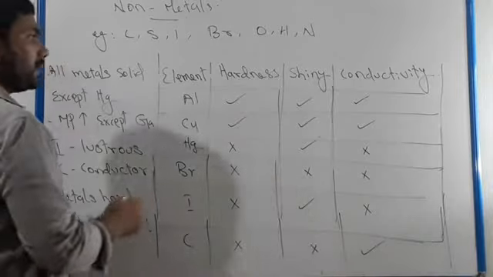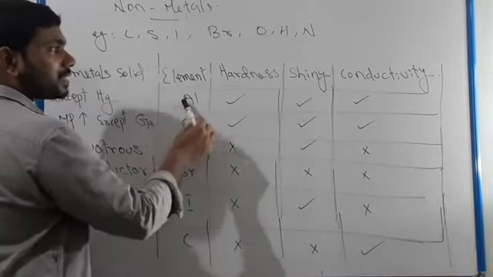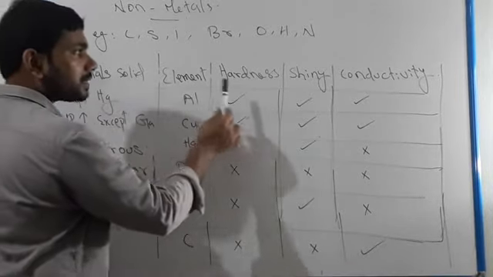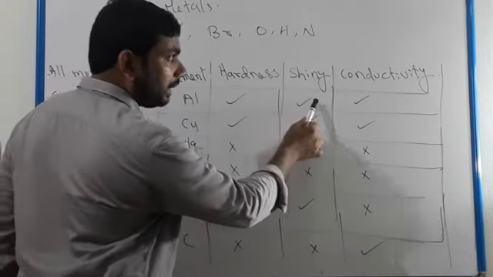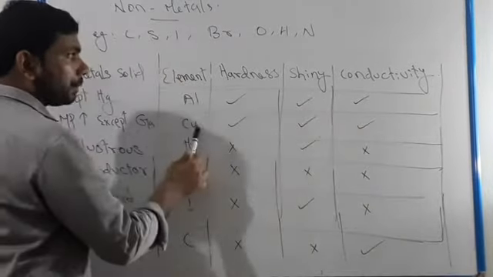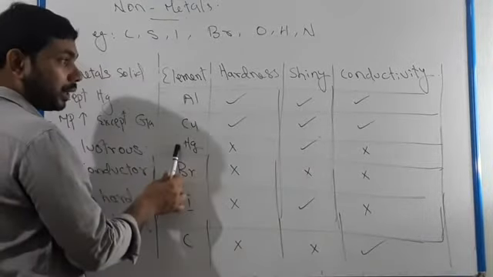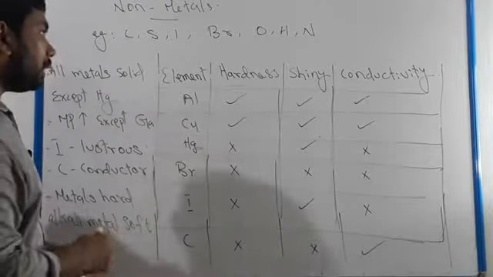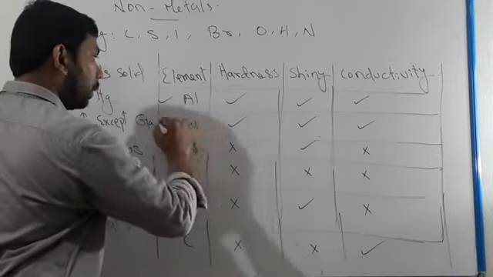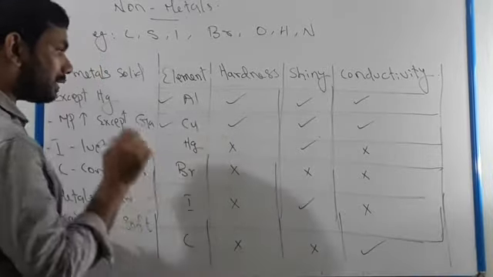So look here, first one, aluminium. Aluminium is hard, shiny and a good conductor. Copper: hard, shiny, good conductor. Here you know aluminium is a metal, copper is a metal.